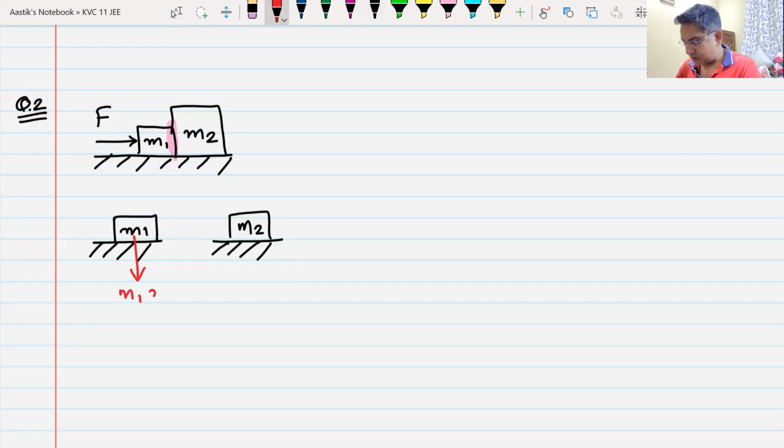This would be M1g. This would be normal reaction N1, because it is mass M1, so I'm calling the normal reaction N1. Now, what are the other forces acting on this? A force F is like this. Instead of drawing it like this, let me draw it like this so that it looks in the direction of the positive x-axis. Is there any other force acting on this block?